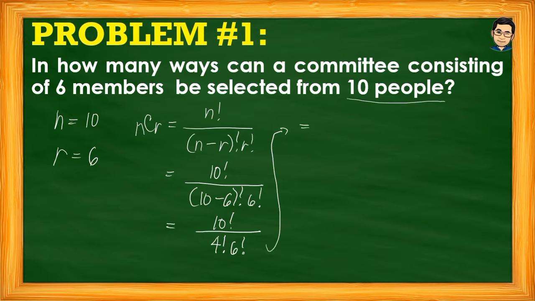Express natin yung 10 factorial as 10 times 9 times 8 times 7 times 6 factorial all over 4 factorial, 6 factorial. So, and then ika-cancel out natin yung 6 factorial. And then, pwede natin express yung 4 factorial as 4 times 3 times 2 times 1.